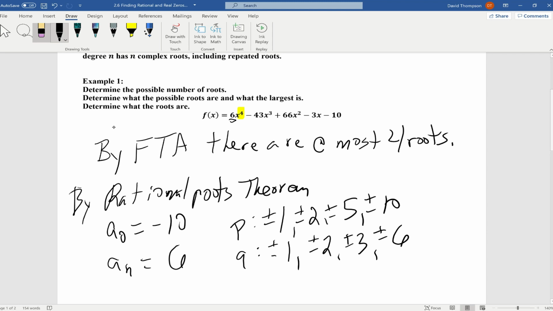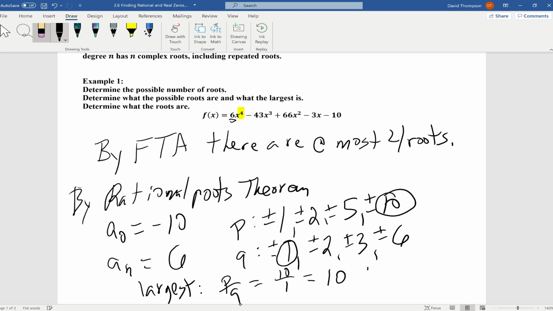So remember, they're always going to be in the form of p over q. Our largest number is 10. Our smallest is 1. So our largest is just simply going to be 10 divided by 1, which is 10. So this is our largest possible root.